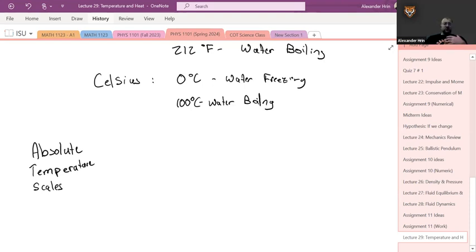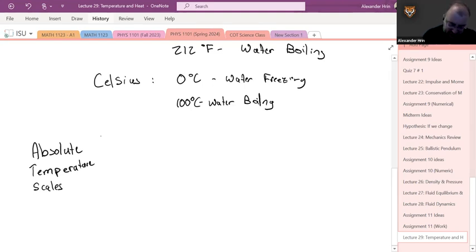Using these absolute temperature scales makes the thing direct. More concisely, you have physics equations that involve temperature, and if temperature is in the denominator, then you can't use this offset scale because you can't have these divisions by 0.